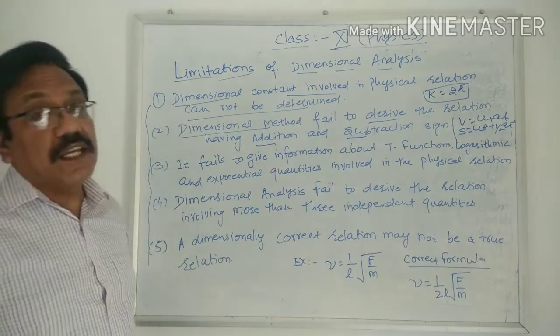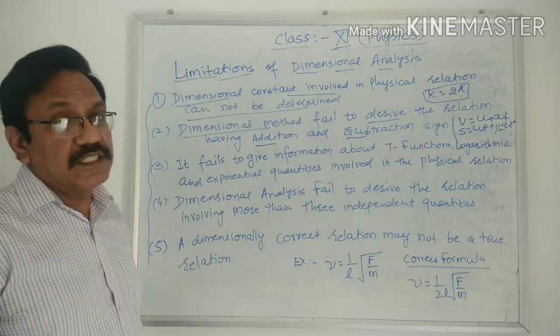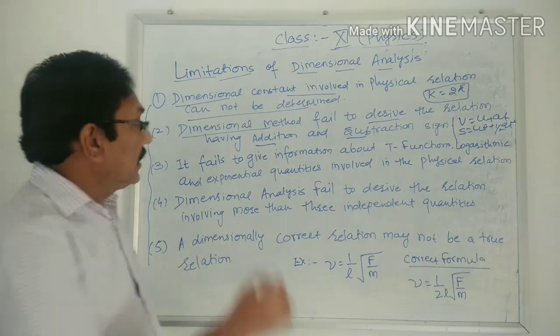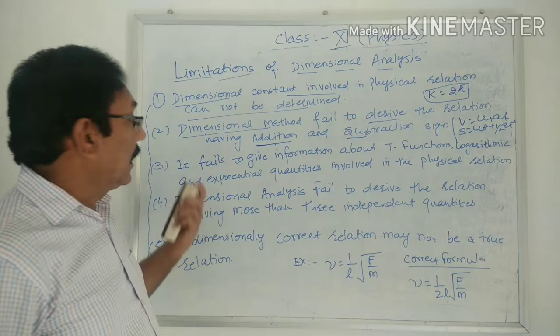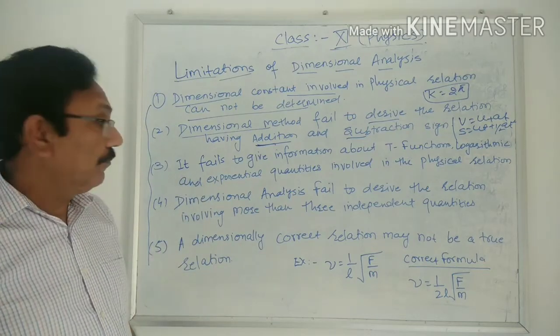So this is the second limitation of dimensional analysis. A physical relation carrying positive and negative signs cannot be derived.